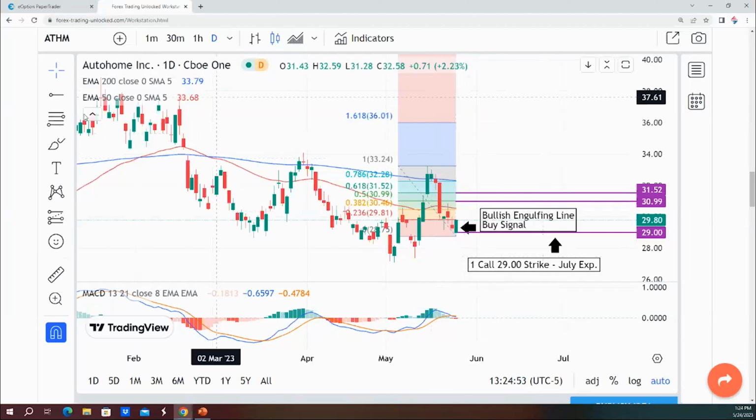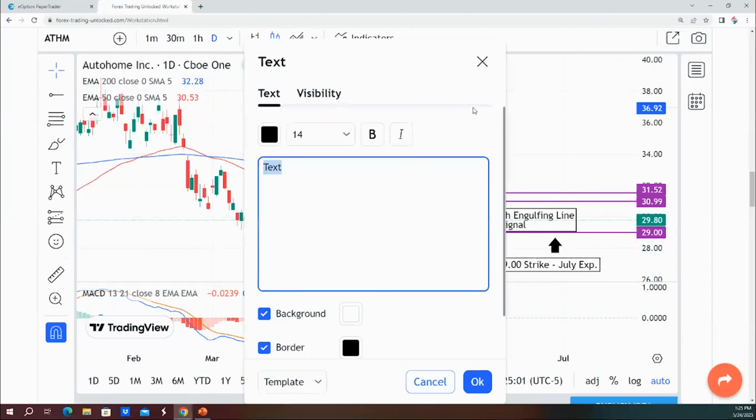Okay, another trade here would also be the straddle, and we're also going to do a credit spread. So for the straddle, you would be buying one call, $29 strike, July expiration, and then one put, $29 strike, with a July expiration as well.